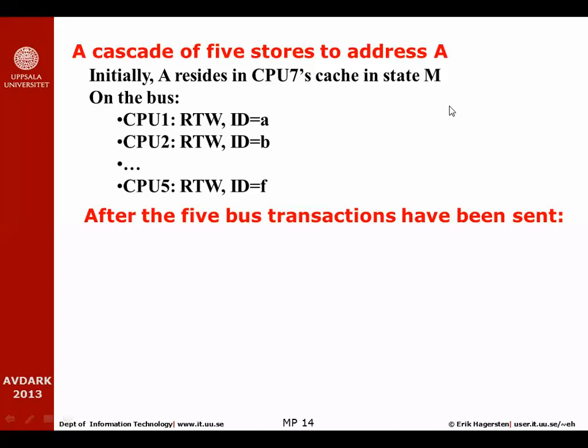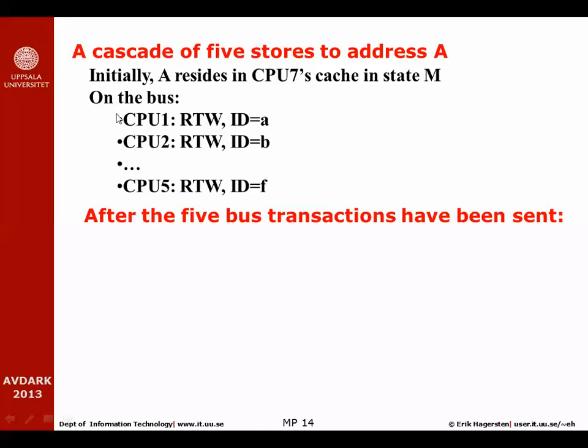Now we're going to look at the simple example that I show you that in some sense is simple, in some sense it could be viewed as a very complicated task. We will look at a cascade of 5 stores to the same address. So we have different CPUs that all want to store to the same address.